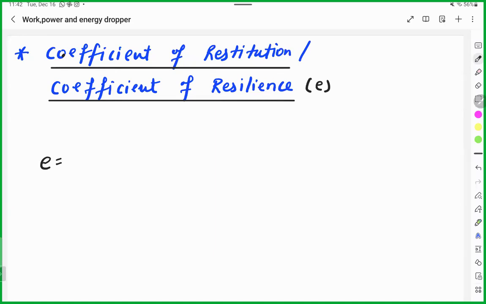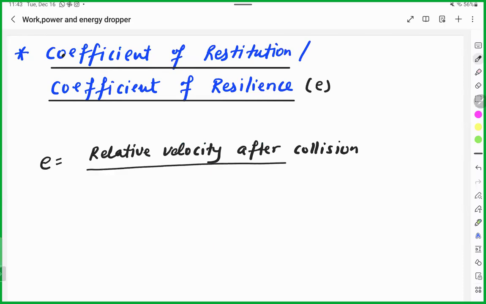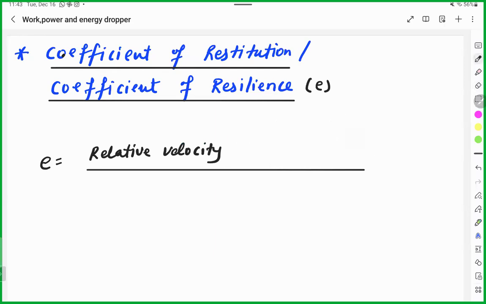So when we talk about the coefficient of restitution or coefficient of resilience, it is simply the relative velocity of separation after collision compared with the relative velocity of approach before collision. We call it the relative velocity of separation, which you talk about after collision.